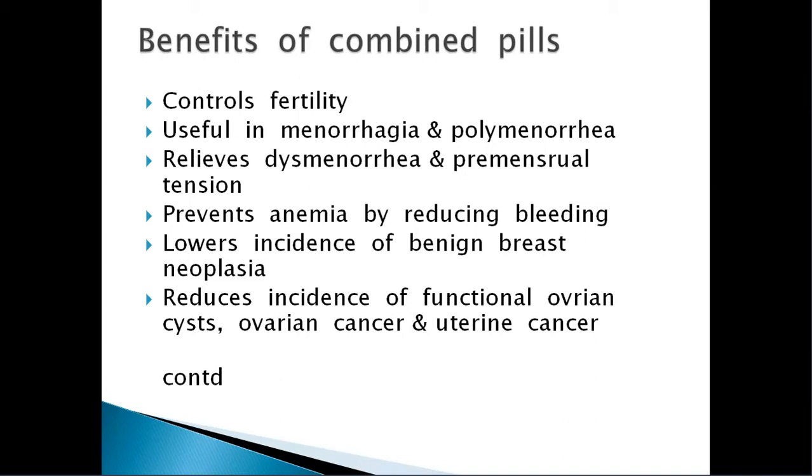Even premenstrual tension is because of the progesterone, which is present when normal ovulation occurs. So, OC pills are preventing ovulation. When ovulation does not occur, dysmenorrhea and premenstrual tension are prevented. They are relieved, actually. Then, because reduced bleeding occurs, anemia is prevented.